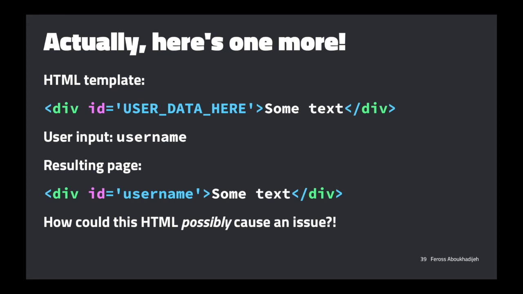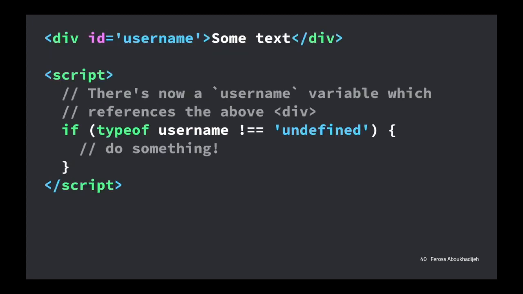So it's the interaction between JavaScript and HTML. I'm not kidding. What this means is that if you write this code, there's literally going to be magically a username variable which points to that. And so by letting the attacker or the user control the ID, you're literally letting them declare variables at the start of your script. So maybe that can be used as a way to change what the script is doing.